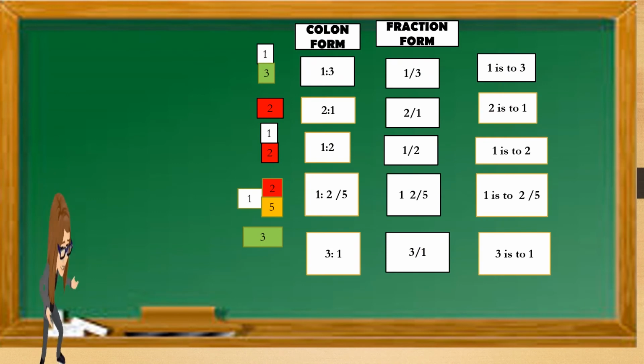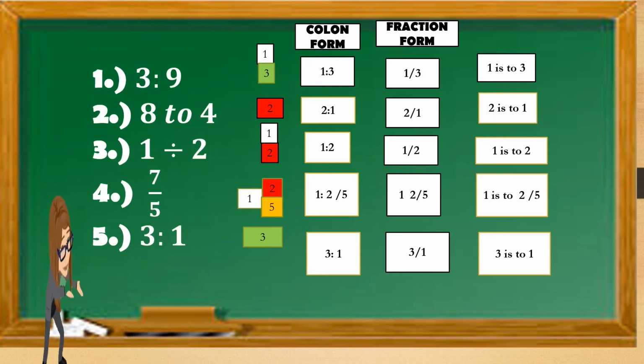So we have here in colon form, 3:9 is 1:3, or 1/3. And then 8:4, we have 2:1, or 2/1. And also number 3, we have 1:2, or 1/2.